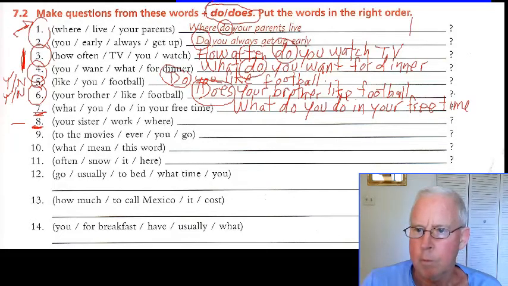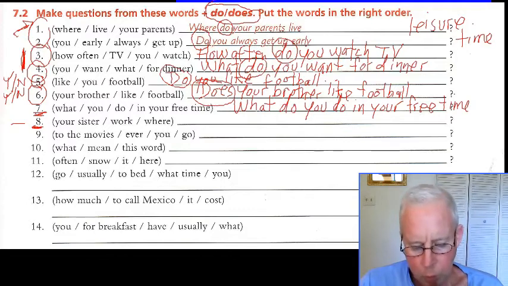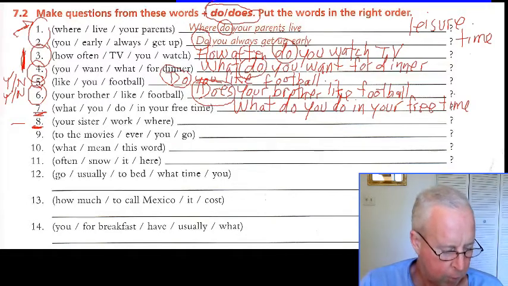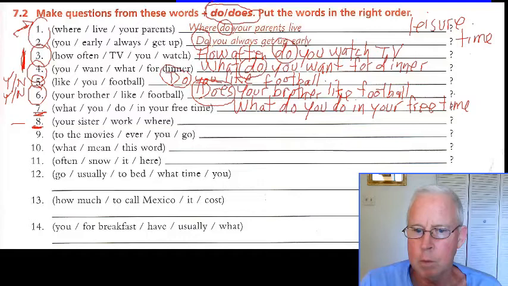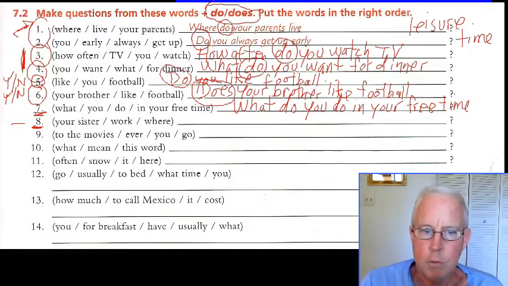You could also say leisure time, free time, leisure time. So the answer, I walk, I practice the guitar, I listen to music, I watch TV. So what do you do in your free time?